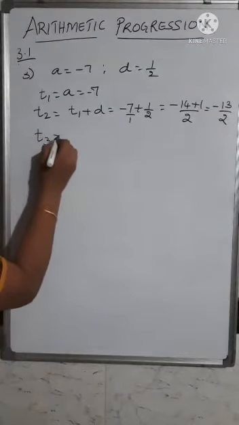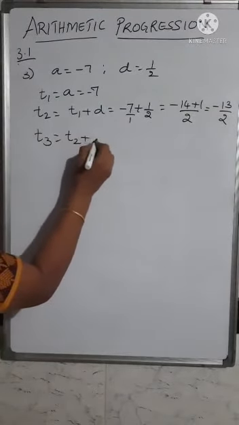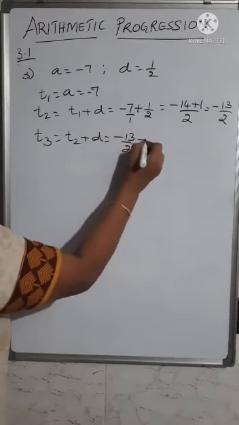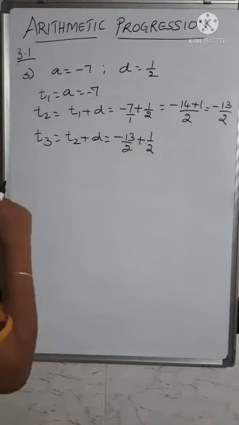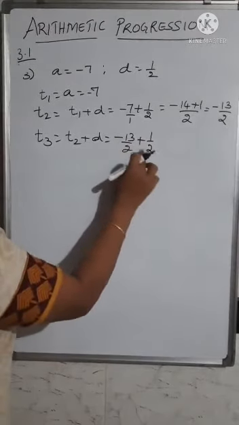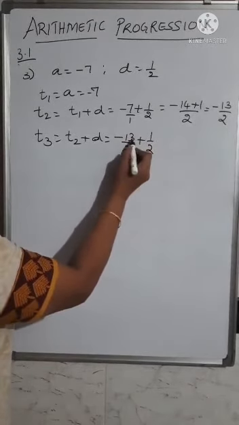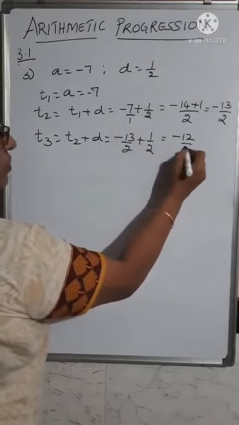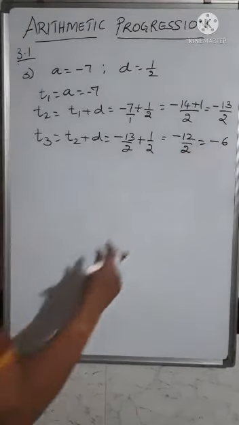Then T3 is equal to T2 plus D. T2 is minus 13 upon 2 plus D is 1 upon 2. Denominators are the same, so simplify the numerator. Minus 13 plus 1 is minus 12 upon 2, which is equal to minus 6.